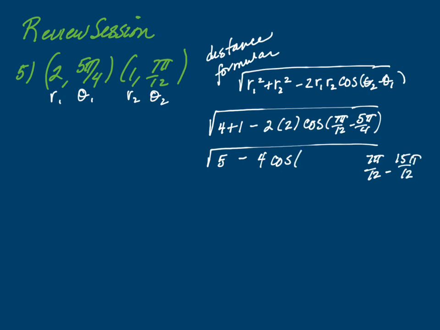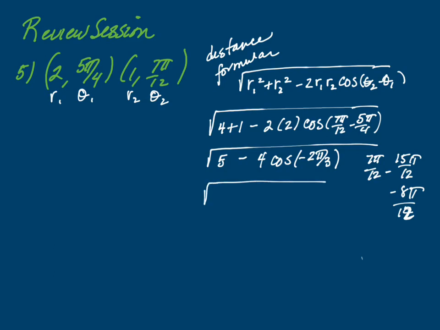I get cosine of negative 8 pi over 12. If I divide top and bottom by 4, I get negative 2 pi over 3. So cosine of negative 2 pi over 3.